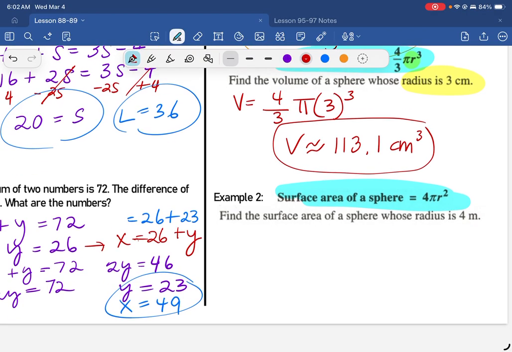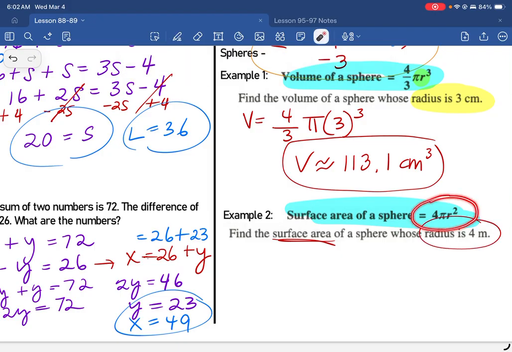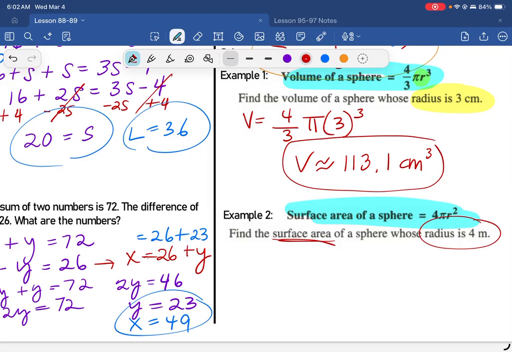Okay, now surface area. It'll specifically say surface area and it'll tell you a radius. So all we have to do is plug it into this formula. So we're going to write down surface area equals 4 pi 4, because that's the radius, squared.